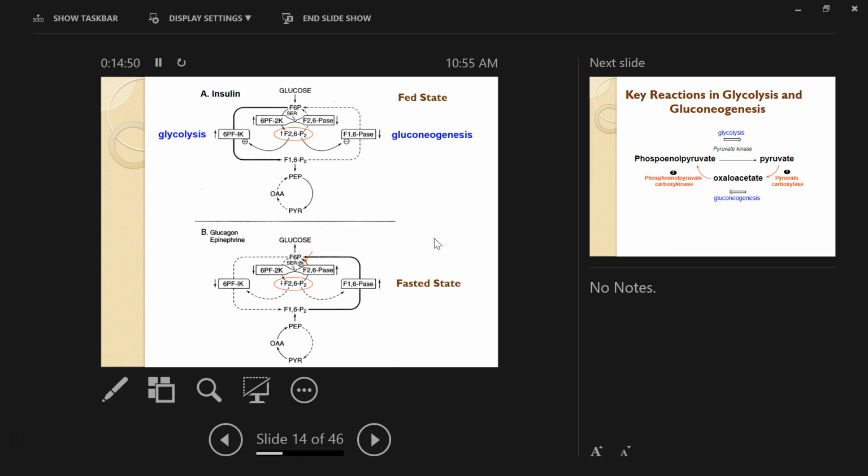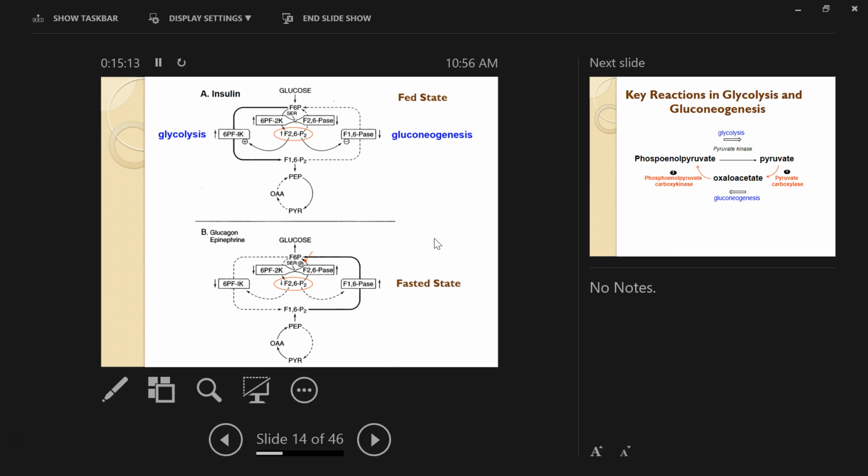Remember this? So when the fructose 2,6-bisphosphate intermediate concentration is increased, it can stimulate the key enzyme in the glycolytic pathway, but decrease the key enzyme in the gluconeogenesis pathway.